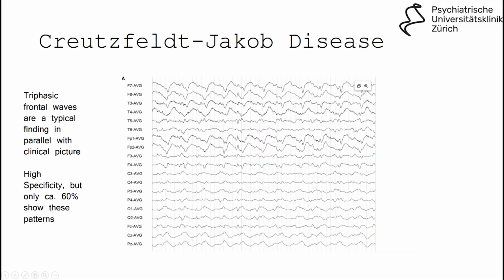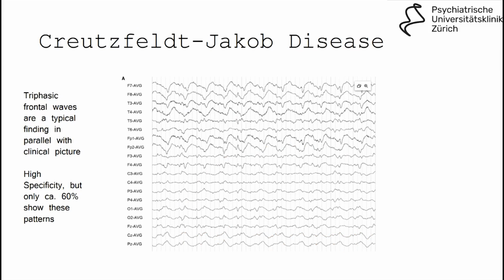And maybe one last example, I said I won't show you too many syndromes. However, I show you one syndrome because this might be relevant in psychiatry. It's the Creutzfeldt-Jakob disease. It's an entity where people degrade cognitively very fast based on a prion disorder.